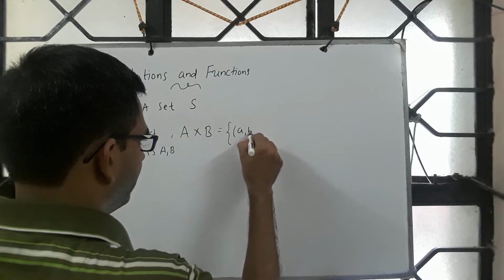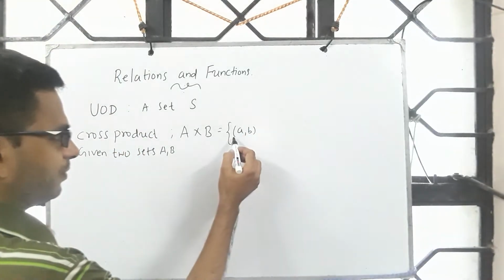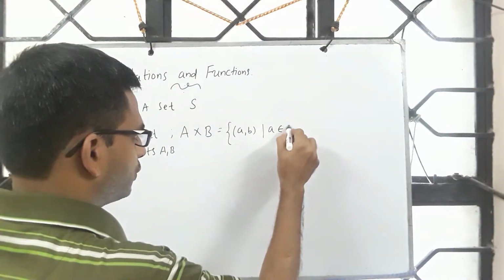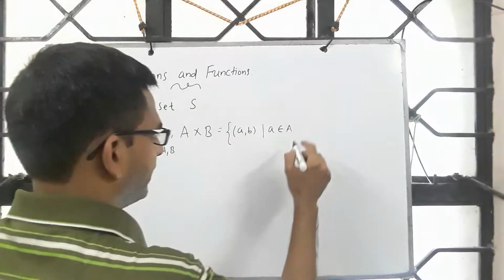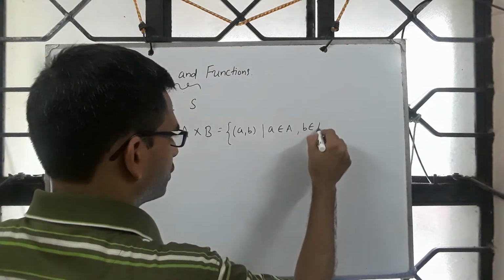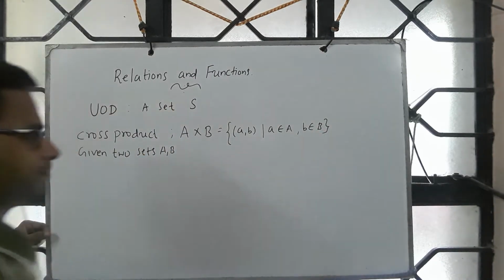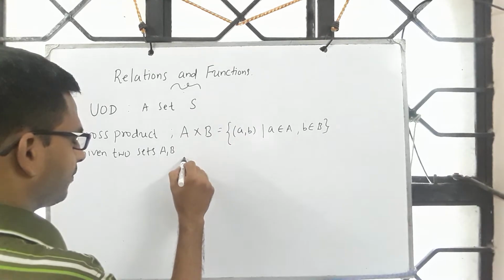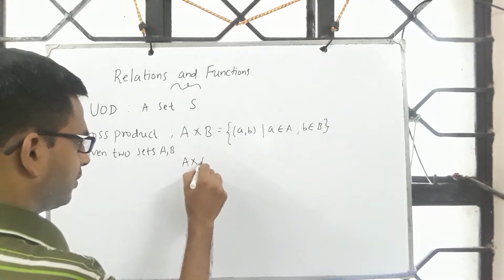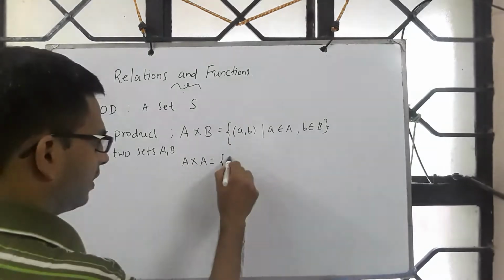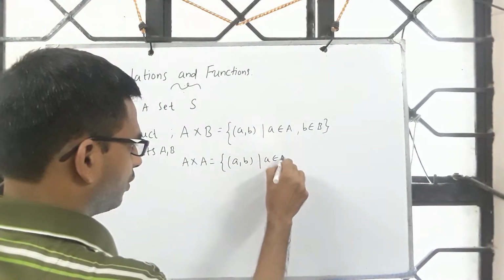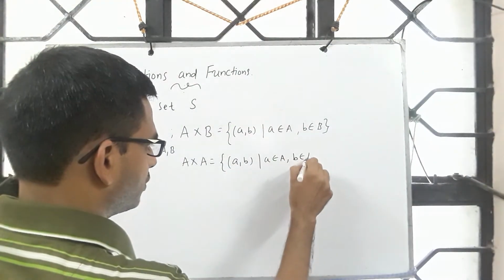It is a set of ordered pairs, which is why I am using these braces, (a, b) such that a belongs to the first set and b belongs to the second set. And they both can be the same. I can also talk about A cross A, where (a, b) such that a belongs to A and b also belongs to A.